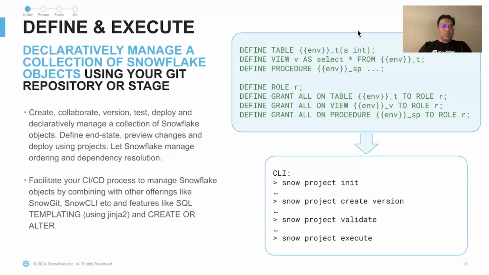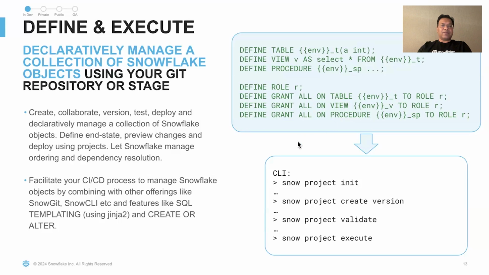The next one, which is work in progress, and we'll show a quick sneak peek of this in my demo, is called define and execute. This is a declarative way to manage a collection of Snowflake objects using your Git repository or stage. What it does is provide a new syntax called define, which you will be able to use to define your different Snowflake resources.